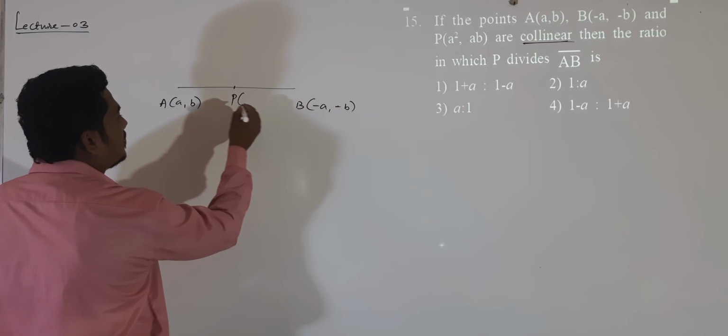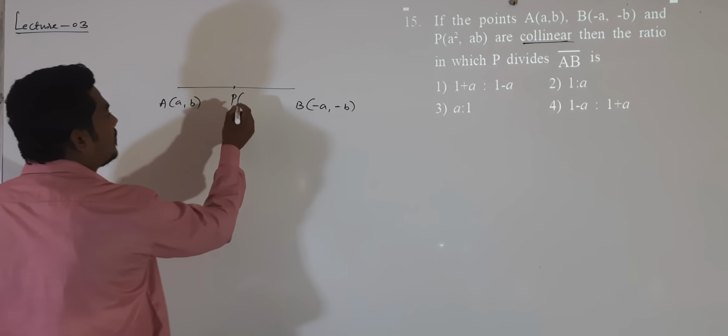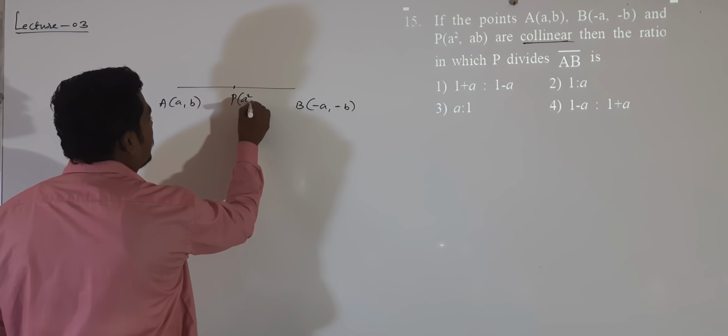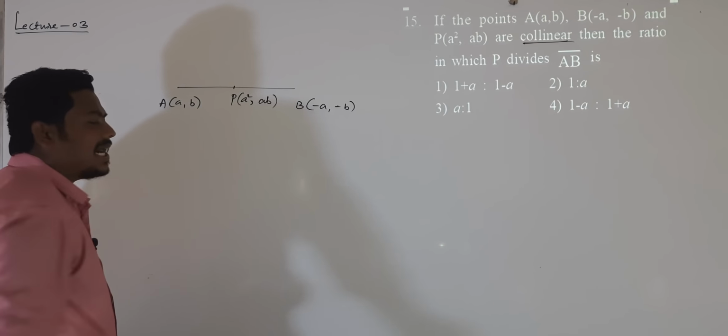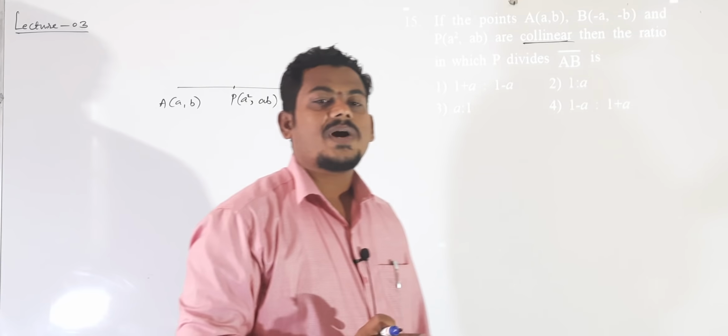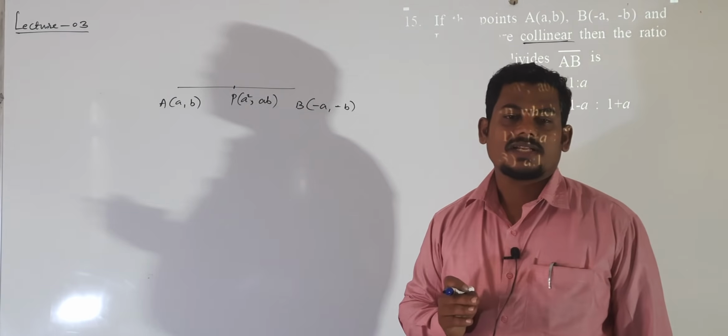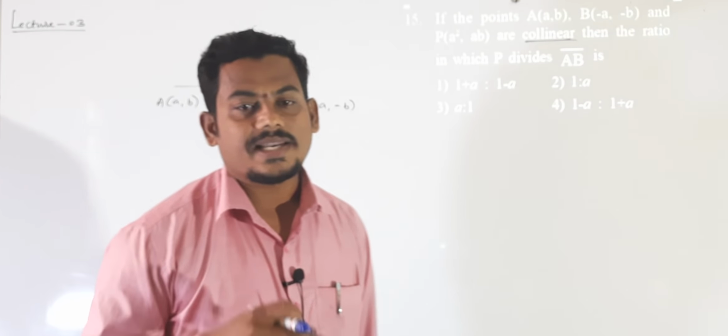In between, collinear means lie on the same line, that is A square comma AB. In what ratio point P divides line joining given 2 points? This is the question, right? Can you tell me the formula?